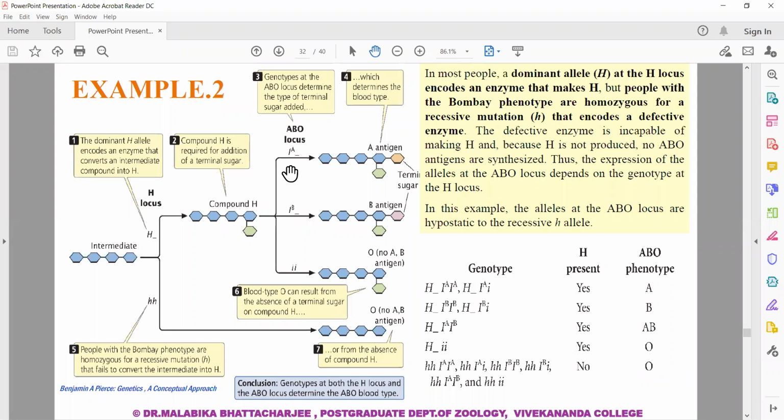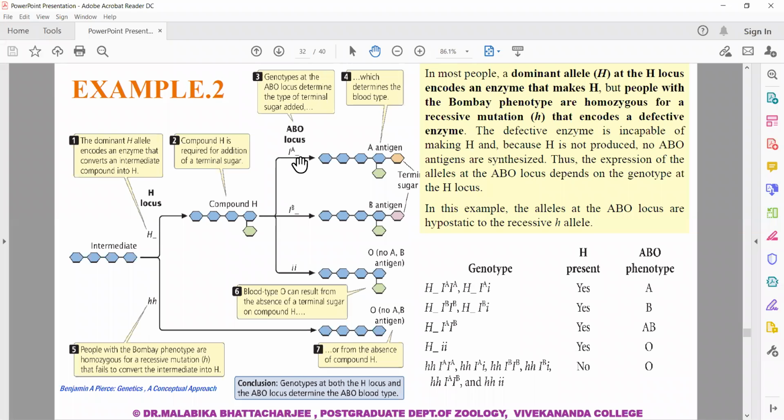So having this basic concept, when we think of the A blood group, there is an IA allele, it can be present in a homozygous condition or in a heterozygous condition with IO.